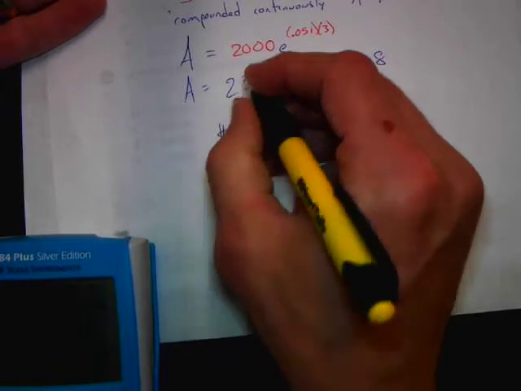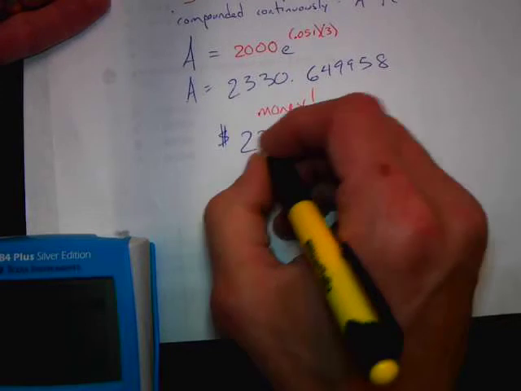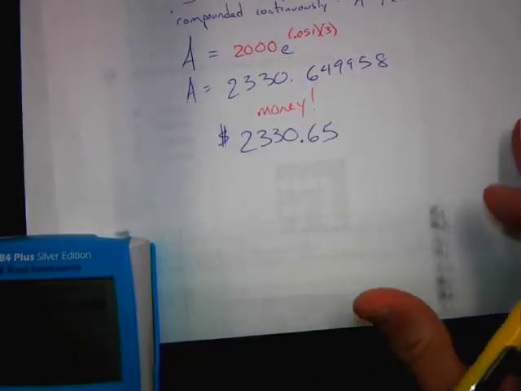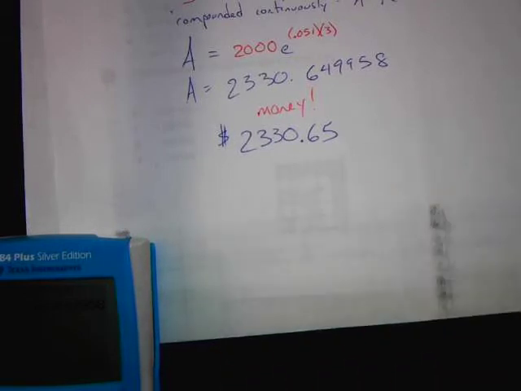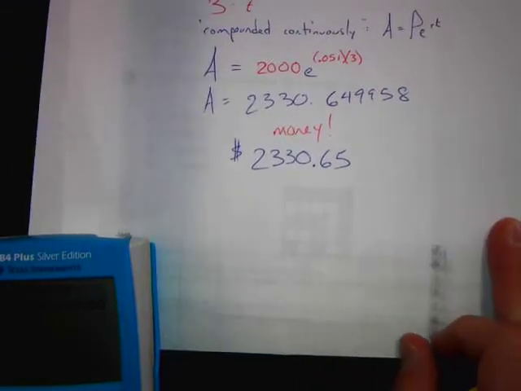So the actual dollar amount that we would have in the account is $2,330.65. So in 3 years, the account has earned $331 without doing anything, and that's kind of magical. That's the fantastical element.